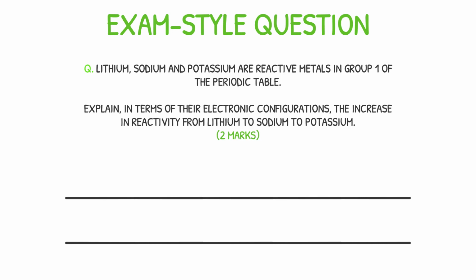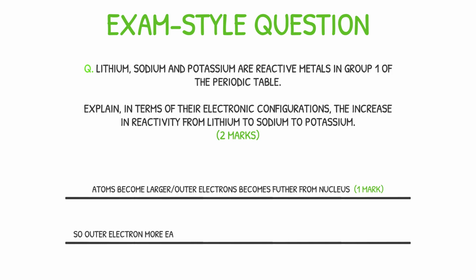So, for our first marking point, we need to state that the atoms become larger as you move down the group, which therefore increases the distance between the outer electrons and the nucleus. The second marking point is for then explaining that the distance makes it easier for the outer shell electron to be lost.